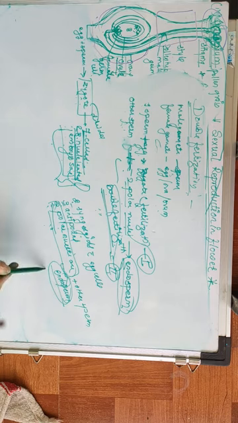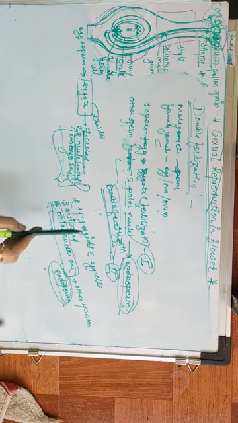One sperm fuses with the egg cell and they form a zygote. So in this way double fertilization occurs in a flower.